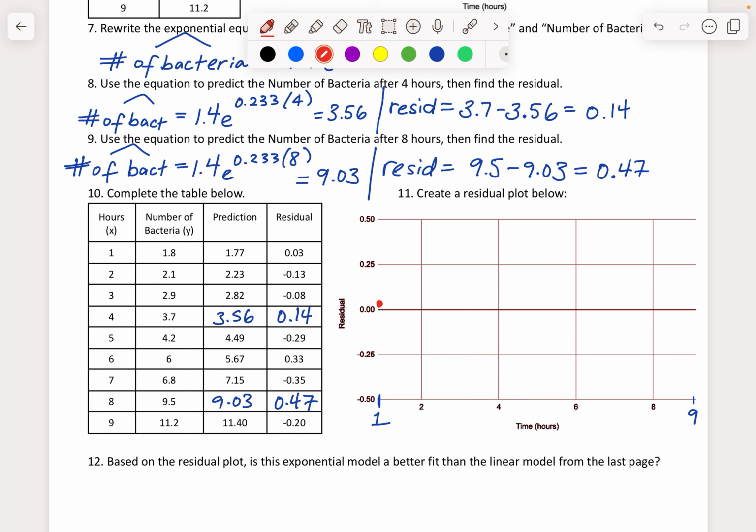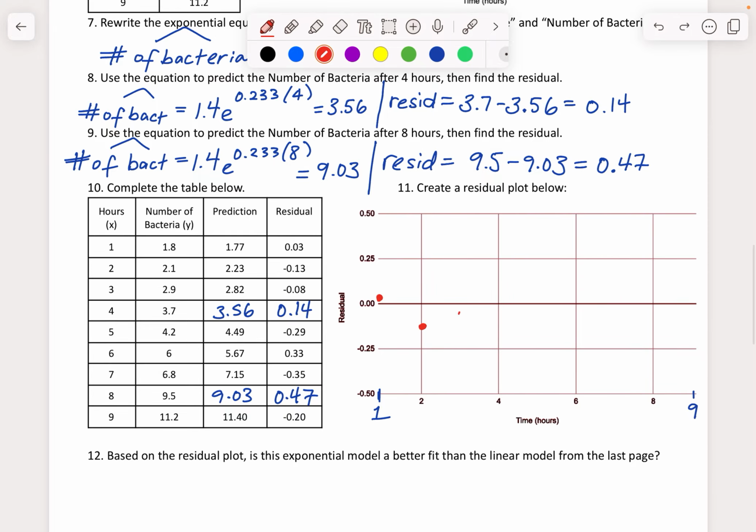And then we go down to negative 0.13, negative 0.8, .14, negative 0.29, positive 0.33, negative 0.35, .47, and then negative 0.2. Okay.